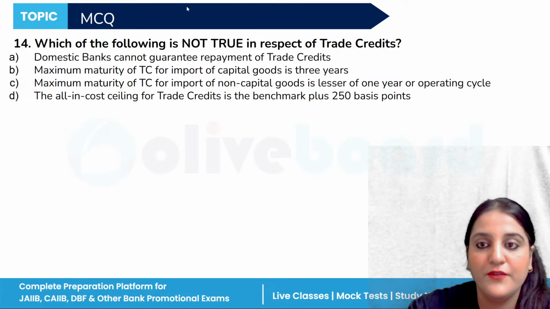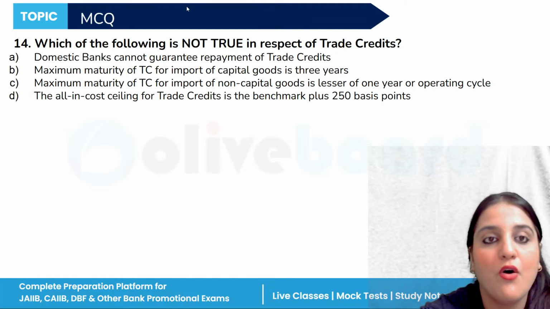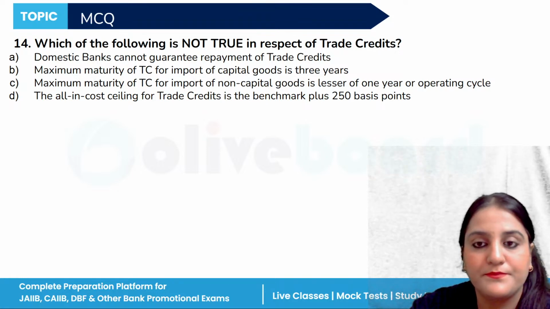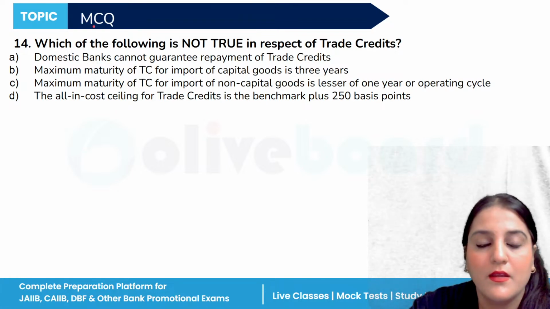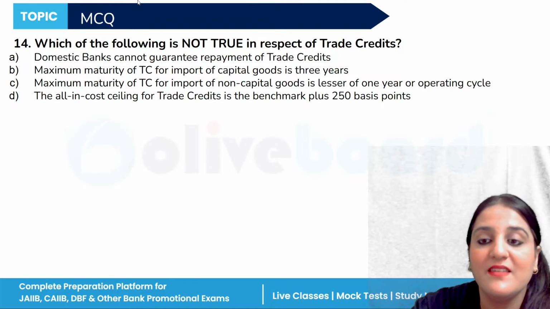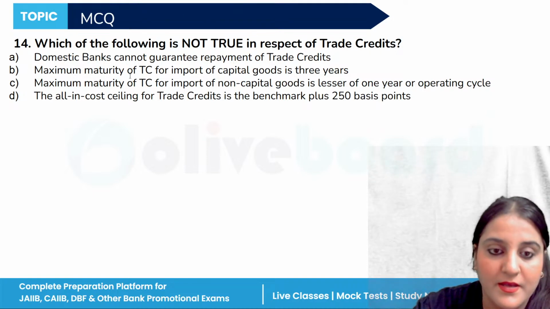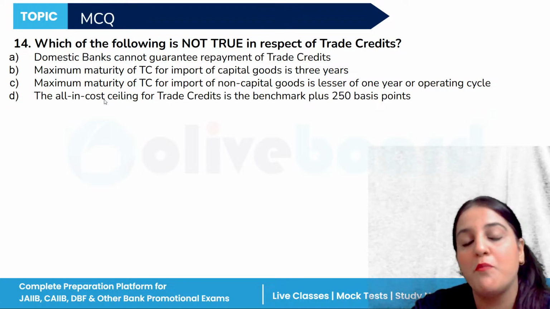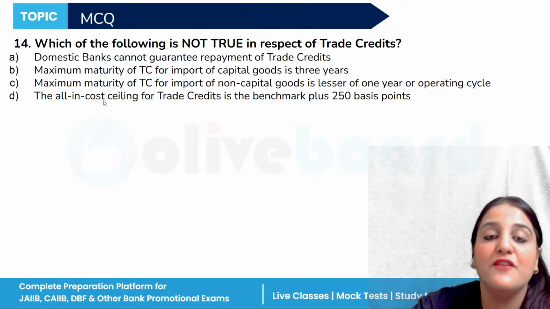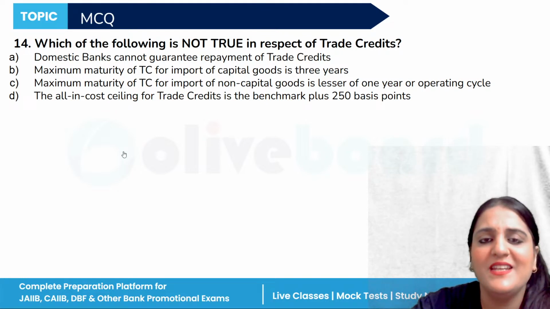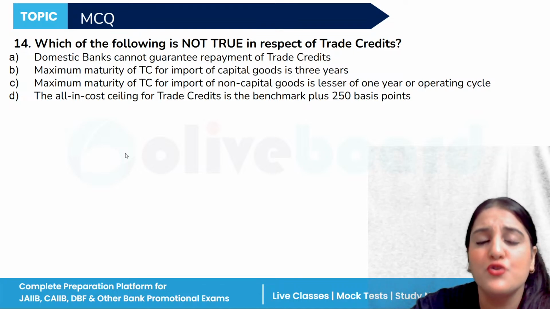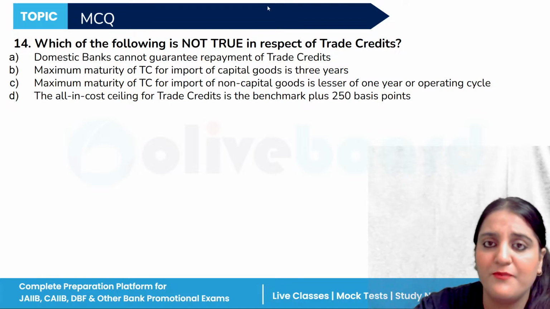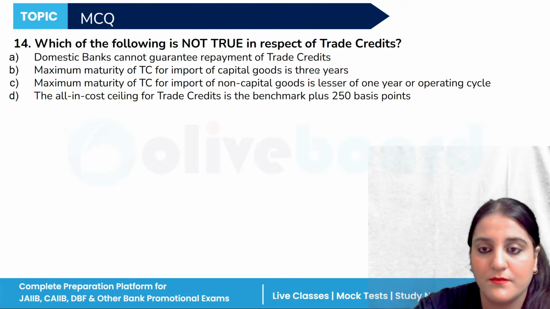And if we talk about the meaning of trade credit, this is a financing arrangement between businesses that allows a customer to buy goods or services from a supplier without paying immediately. Basically, we can say this is an agreement between two parties, a customer who purchases, and the other party, the supplier.